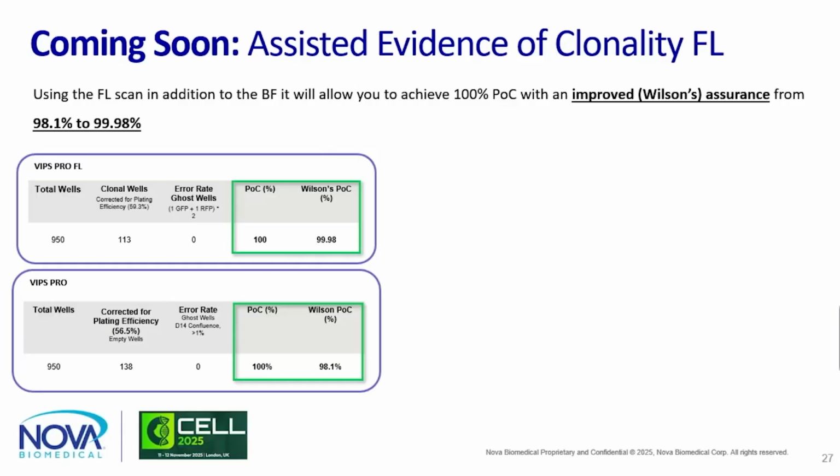Using this additional layer of data, having the fluorescence and having the bright field scan, it allows you to achieve 100% probability of clonality with an improved Wilson's assurance. You can see with the VIPS Pro fluorescence there at the top, we have increased the Wilson's assurance to 99.98% from the 98.1% without the fluorescence.